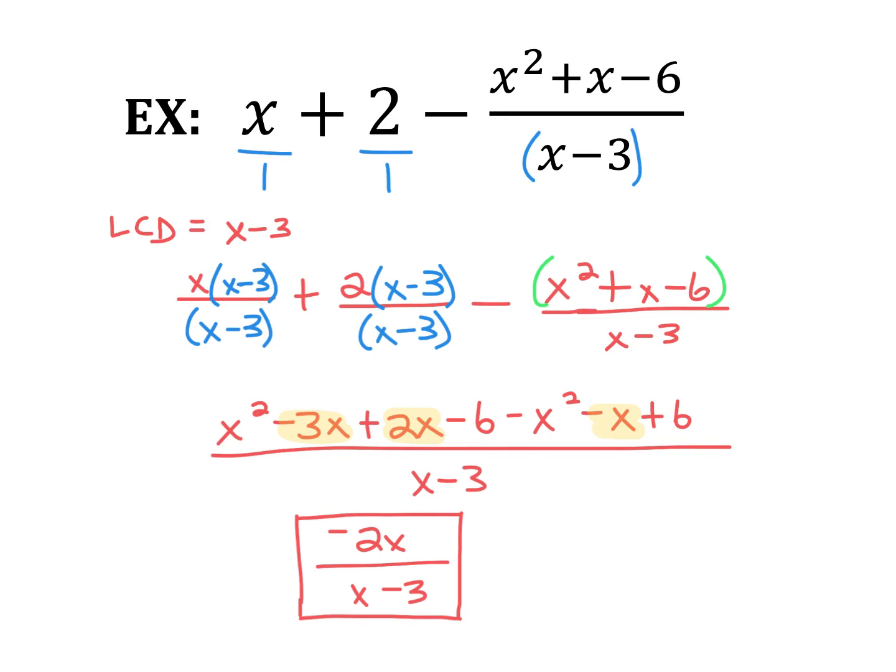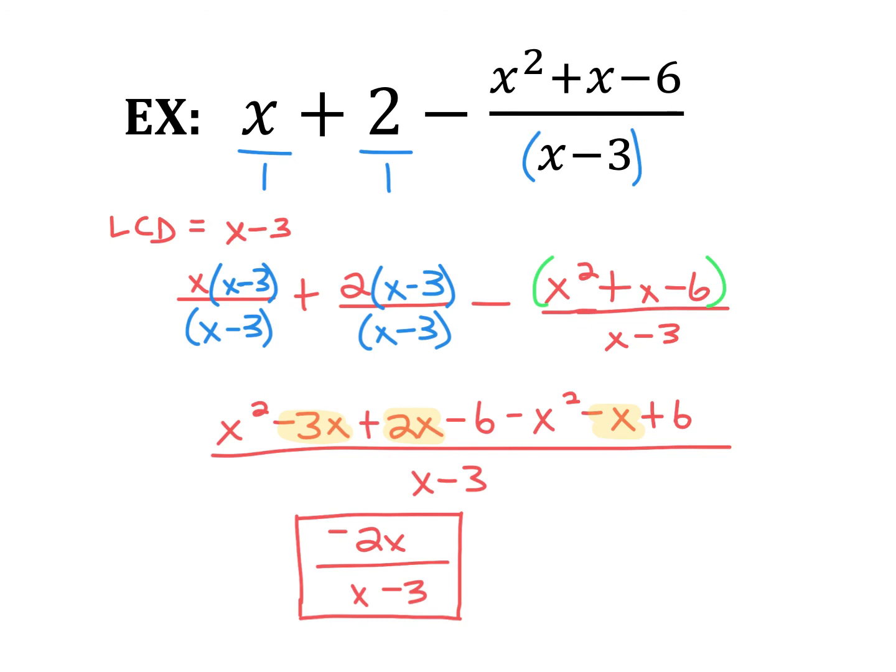I would also like to summarize the overall steps that we went through for each of the examples. When we are adding or subtracting rational expressions, the first thing that we did was factor each of the denominators. From those factored denominators, we then determined what the least common denominator would be. We then rewrote each of the rational expressions using that least common denominator.